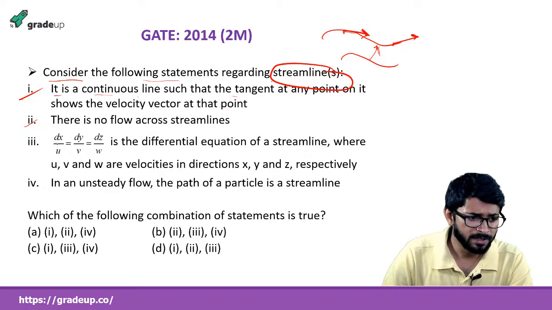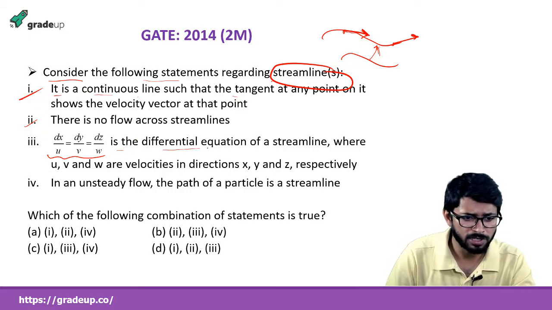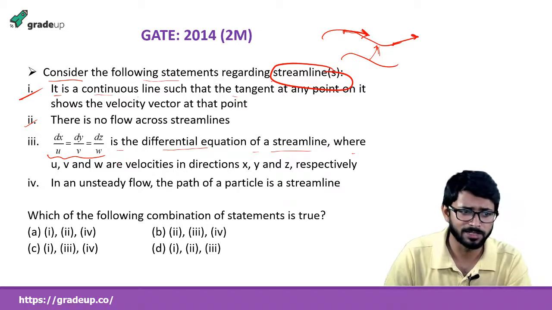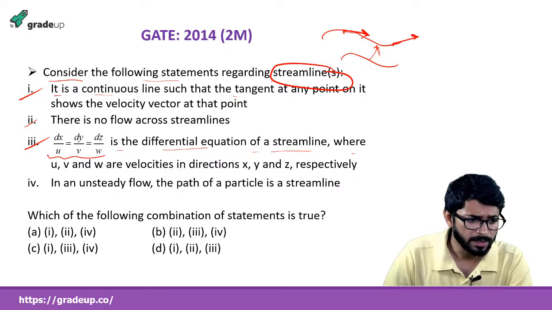dx by u equal to dy by v equal to dz by w, we already studied earlier. It is the differential form of the equation of a streamline, where u, v, w are the velocities in the x, y and z directions. Totally correct. In an unsteady flow, the path of a particle is a streamline.